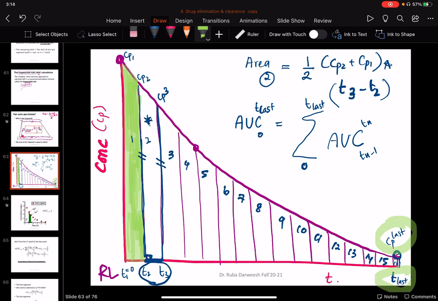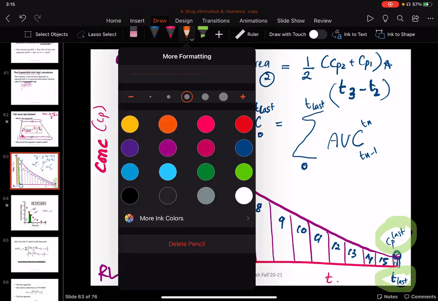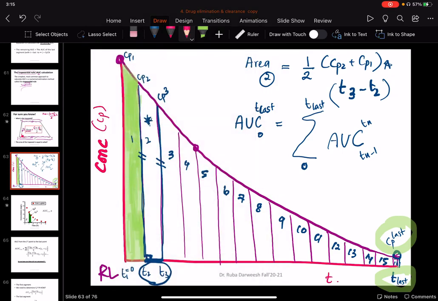So you can estimate the area under the curve using all those trapezoids, and then take the sum of all of them, and you will have 0 to T last.